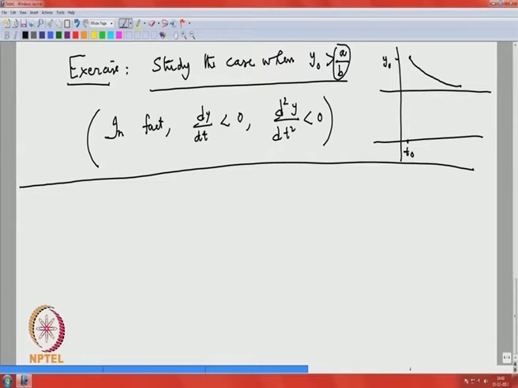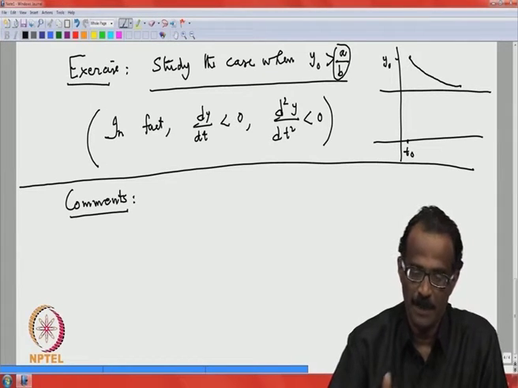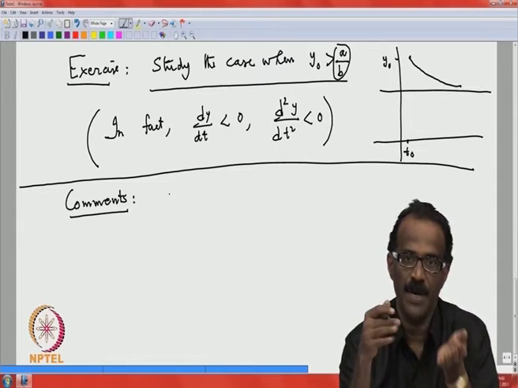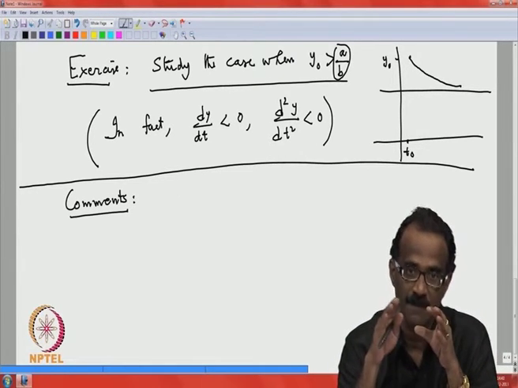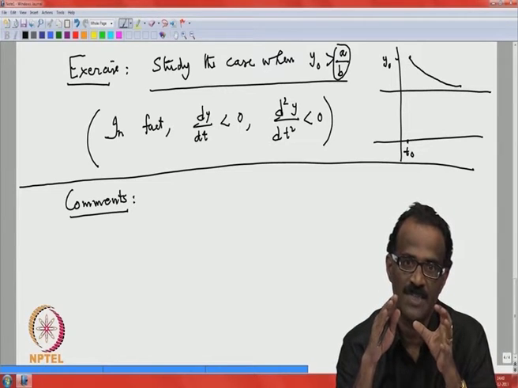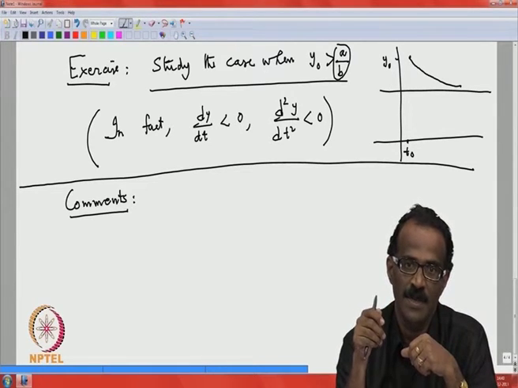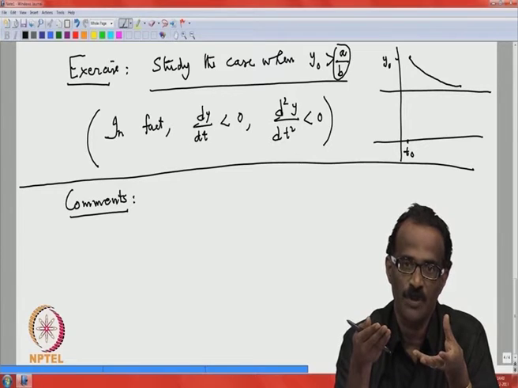All right, so there are some comments. As I said in the beginning of this example, the parameters A and B appearing here are vital coefficients, and they vary according to which population you are studying.